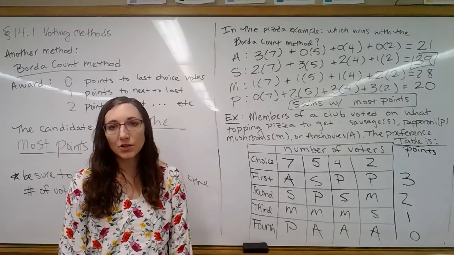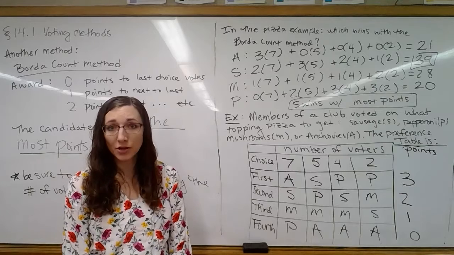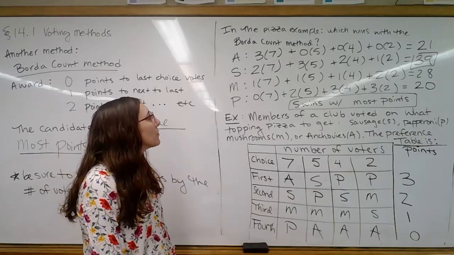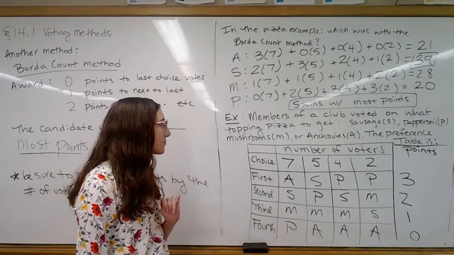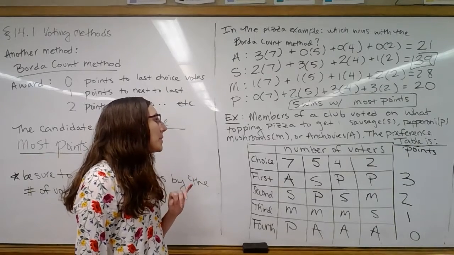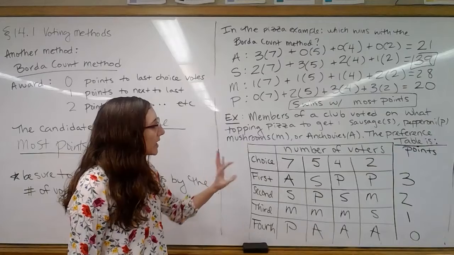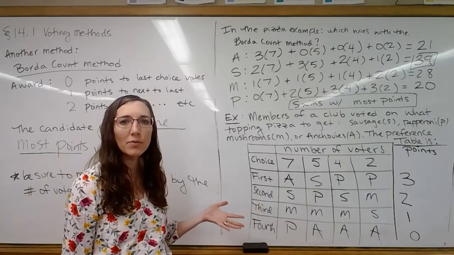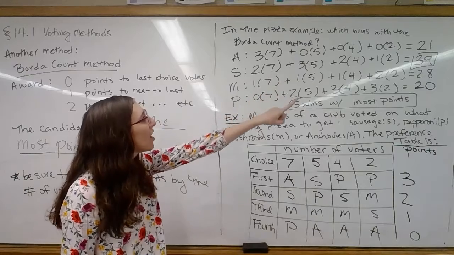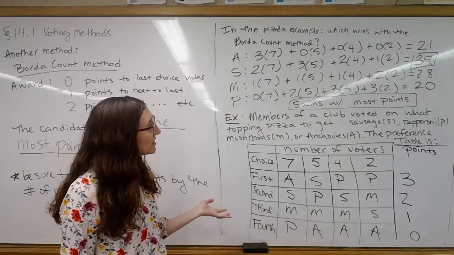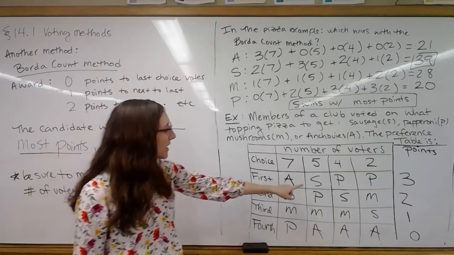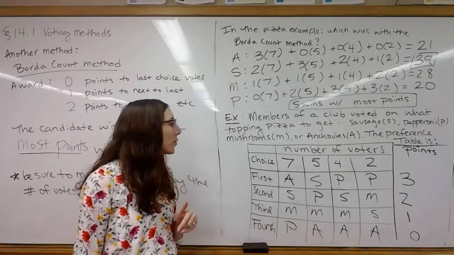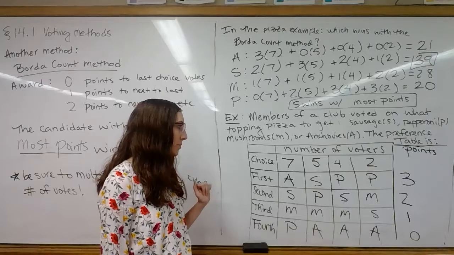So we'll see that. That's actually going to be in our next section, so section 14.2. But people do tend to enjoy it because it does kind of take into account everywhere that things show up. So what we see is the one that won, sausage, is not necessarily the highest on everybody's ballot. Pepperoni was first choice on more people's ballots.